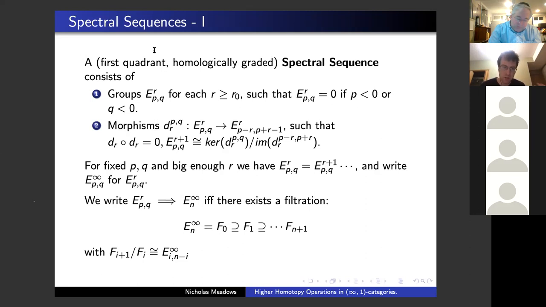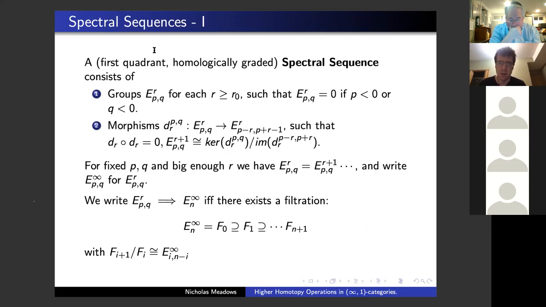This is a very complex definition. It's honestly very hard to do in a talk, but you can think of spectral sequences as giving successive approximations to some filtration of a group that we're interested in.